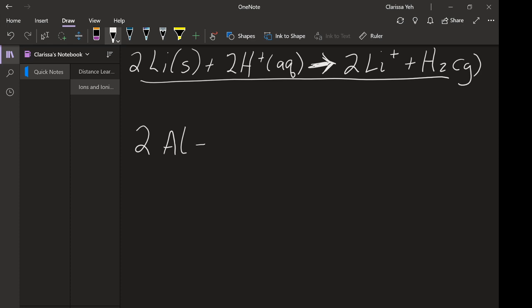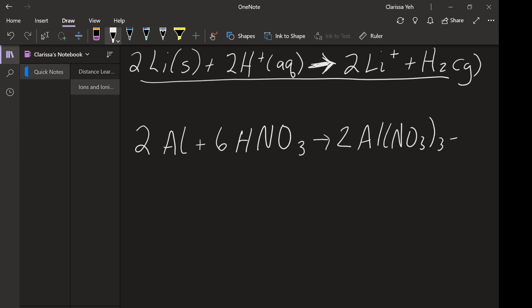2Al plus 6HNO3, arrow, 2Al(NO3)3 plus 3H2. Now decide what is going to get dissolved. The compounds are going to be the ones that get dissolved.